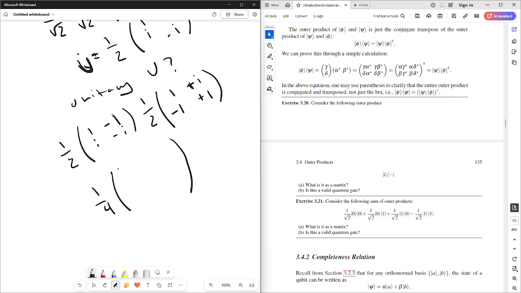All right, so we have 1 times 1 plus negative 1 times negative 1. And we have I minus 1.